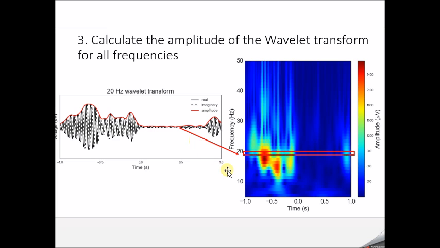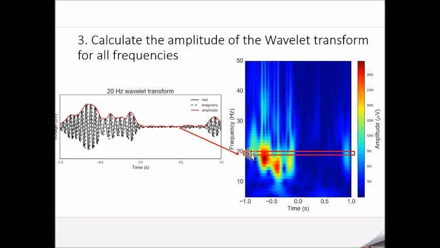So in this example on the right, we convolved the input signal with wavelets between 5 and 50 Hertz at a step of 1 Hertz in order to get this time frequency representation again, where we have time on our x-axis, frequency on our y-axis, and the amplitude of that frequency component shown in color.